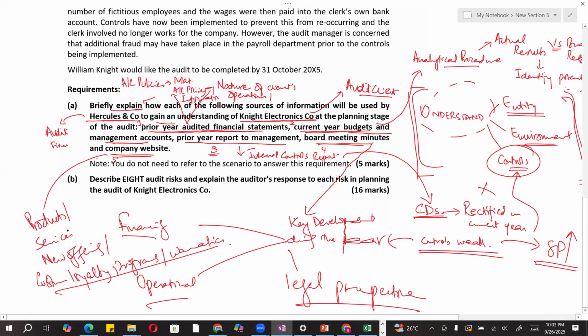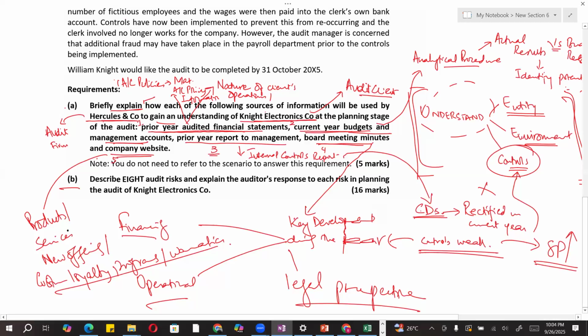Just saying that by reading the prior year audited financial statements we will gain understanding of the entity is not going to help. You need to be specific. What exactly are you going to get out of it? So you see, we came up with a specific answer rather than a generic answer. And this is how we can live up to or meet the expectations of the exam.